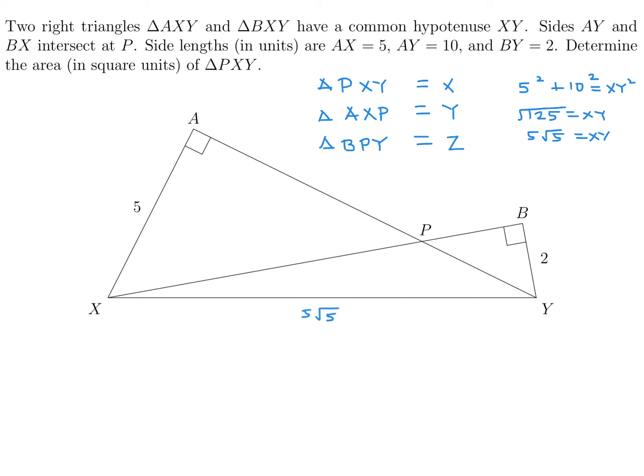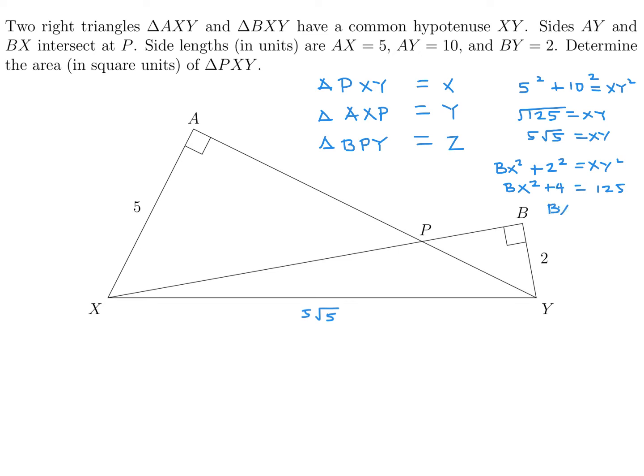Okay, and then I think I can get BX, that also with Pythagoras: BX squared plus BY squared, which is 2 squared, is equal to XY squared. And XY squared, well, that one is 125. We just figured that out. So BX squared plus 4.